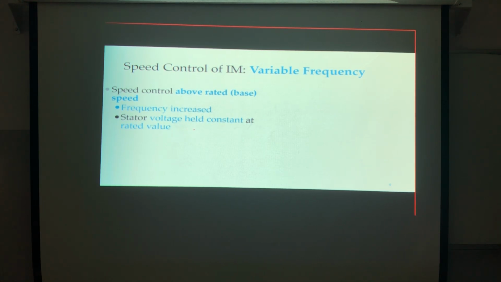Now, if I'm only controlling the frequency, the voltage will be constant, because I'm changing only one value. So the air gap flux will be decreased. This is very simple, by the way, if we recall the per phase equivalent circuit.